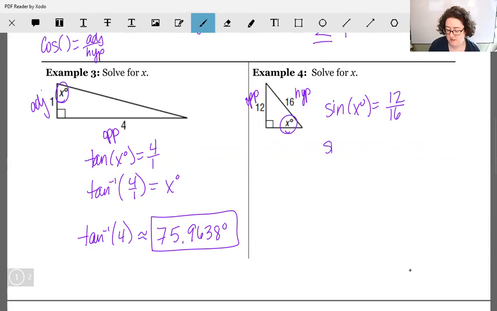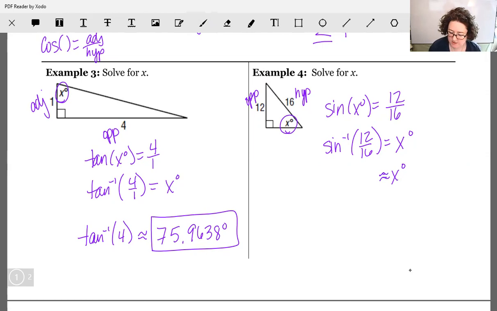Only way to do that is sine inverse of 12 over 16 equals x. And then I can plug that straight in my calculator. I do not need to worry about reducing the fraction before I type this in. The calculator will take care of that for you and still give you your approximation for your angle of x.